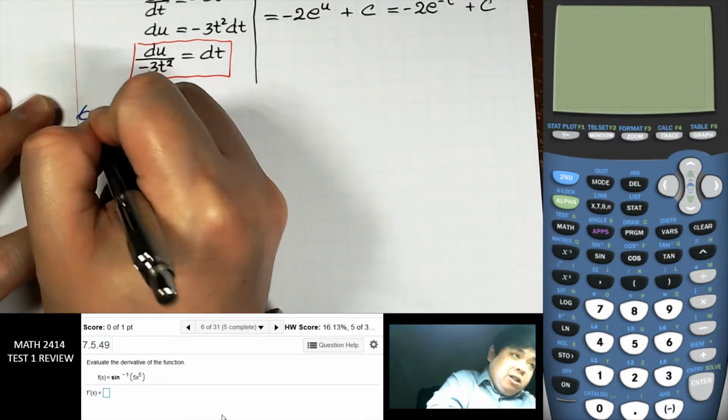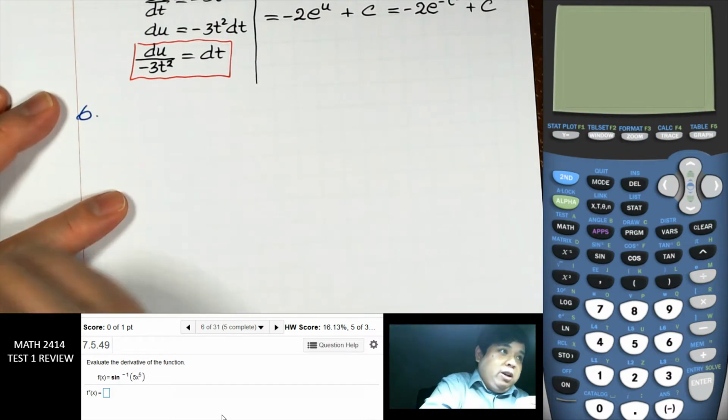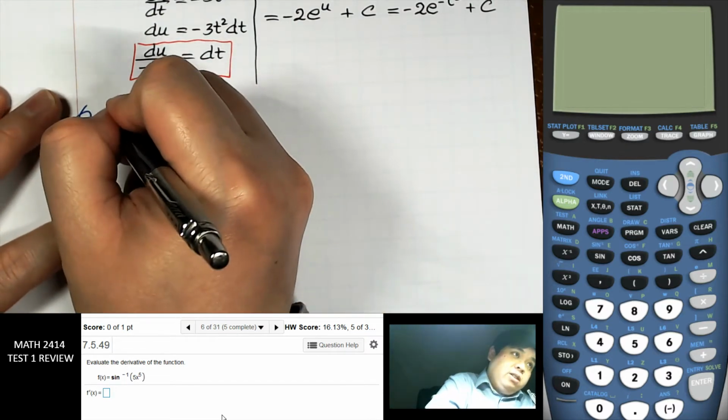Next, find the derivative of the inverse trig function.